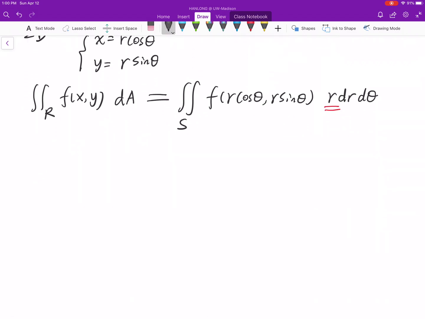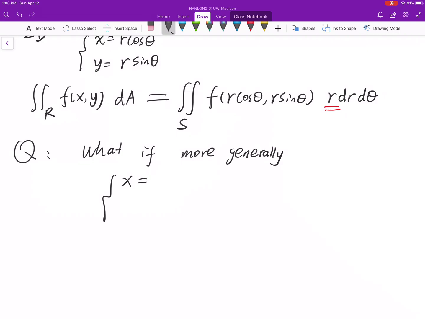Then a natural question is, what if, more generally, the transformation we have is an abstract one, x is x(u,v), y is y(u,v)?